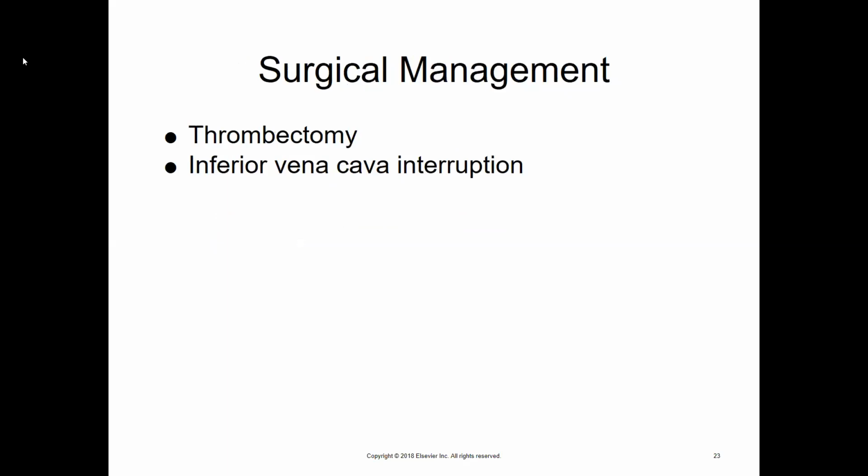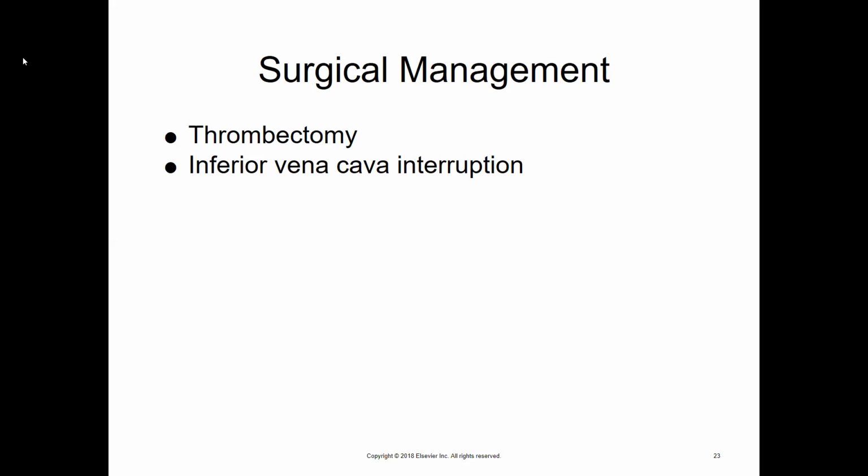Okay, so surgical management, they can have a thrombectomy. They can remove the clot. It's rarely removed surgically, but they can remove it. This is going to be for patients with recurrent DVT, or if they've developed a PE and they don't respond to any medical treatment.